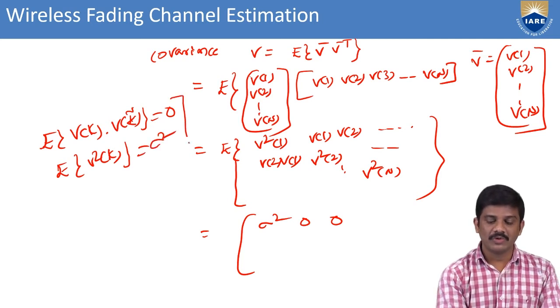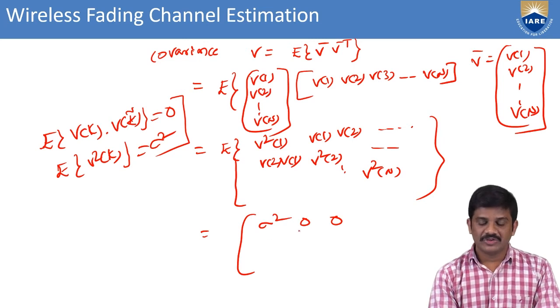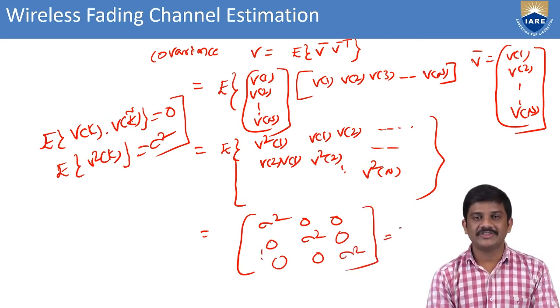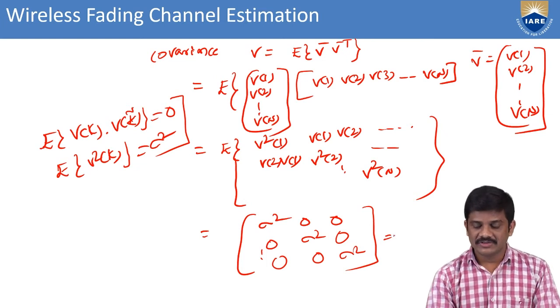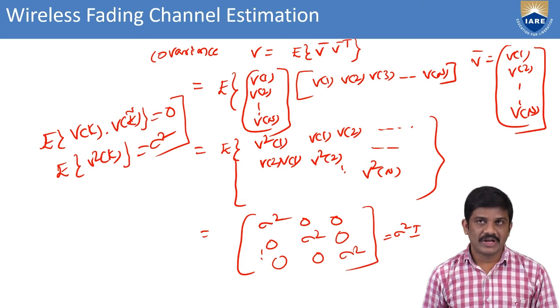From those two we can simplify: sigma square into 0, 0; 0, sigma square, 0; and 0, 0, sigma square. This is the identity matrix, so we can write sigma square I.